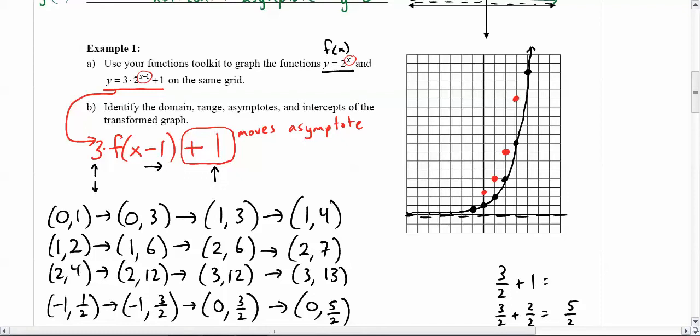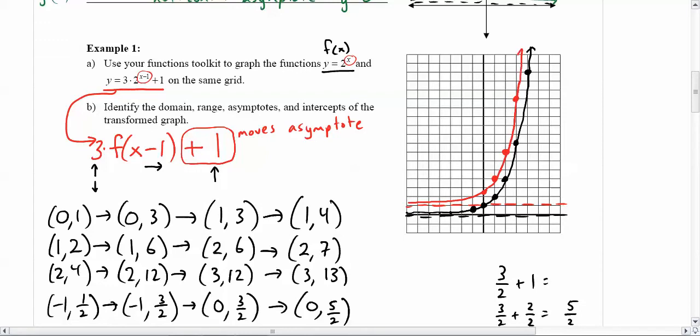There will be vertical asymptotes. We're going to see that at the end of the notes today. But for an exponential function, the asymptote is always horizontal. And you can find the asymptote just by looking for the vertical translation.